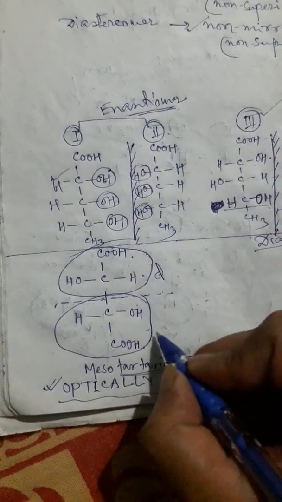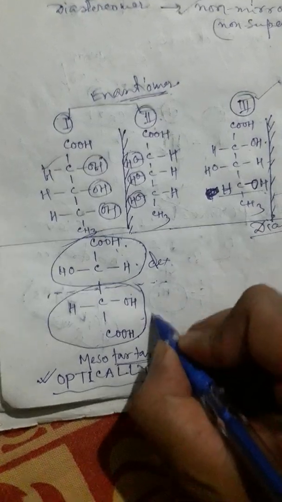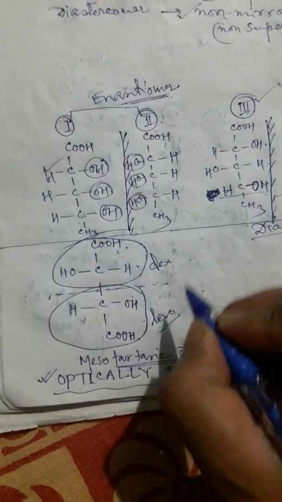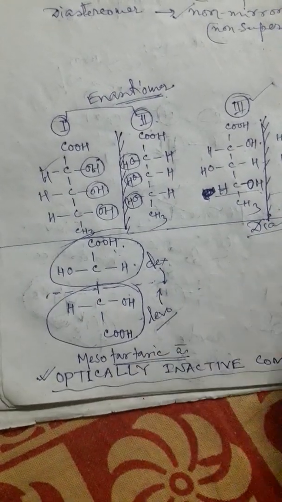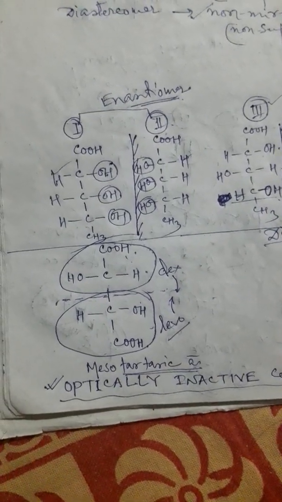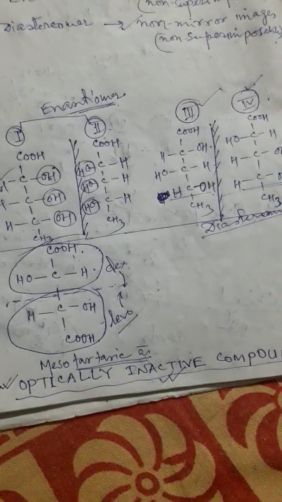So what happens if it is dextro? Suppose this portion is dextrorotatory, so this will be levo. So dextro and levo actually neutralize each other's effect of optical rotation, and as a result this is an optically inactive compound.